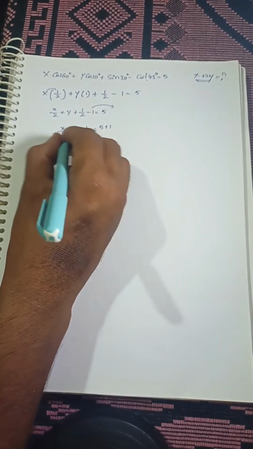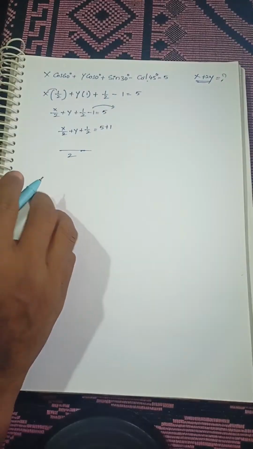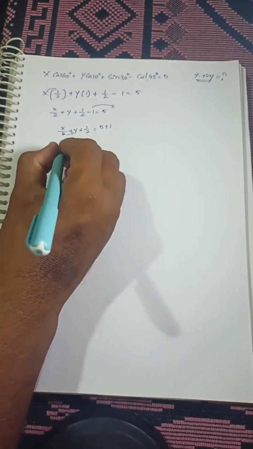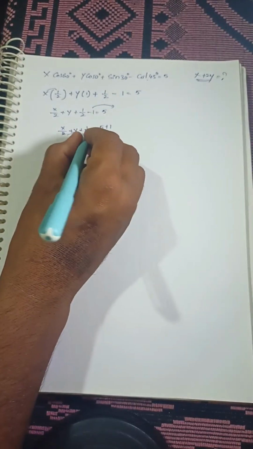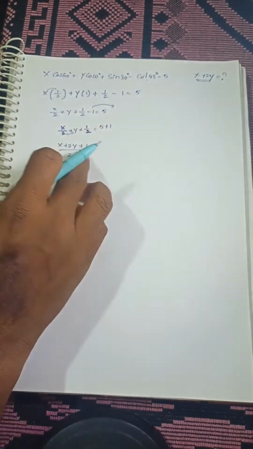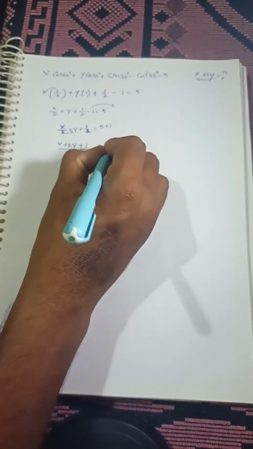Now see this side, in the denominator there is no value 2 for y, 2 into y becomes 2y, that's it. x plus 2y plus y. Why? Because for y we are writing 1 and x as it is, so for both the values we have the denominator 2, is equal to 6.